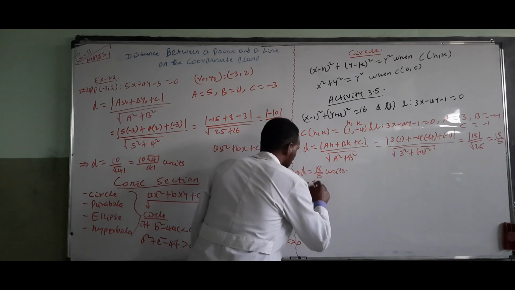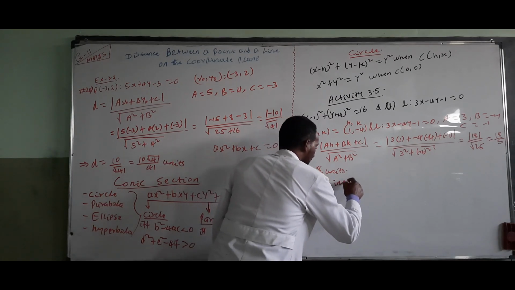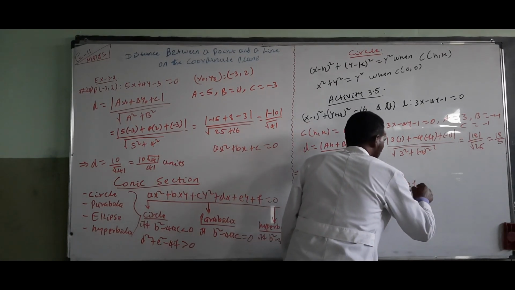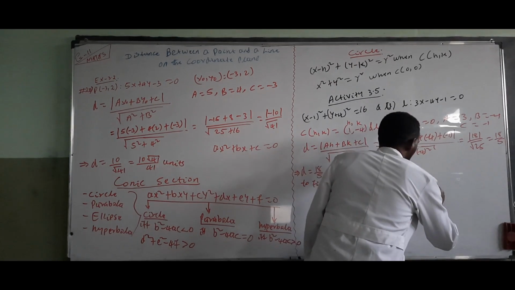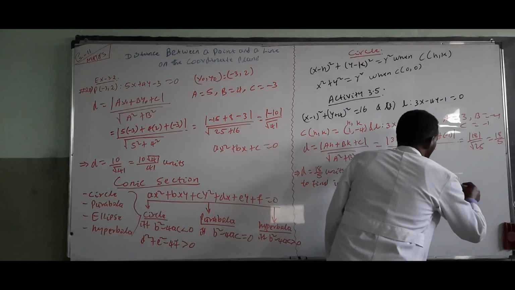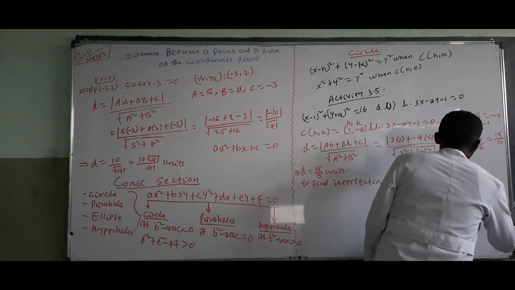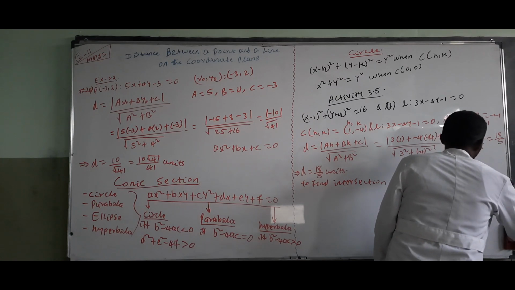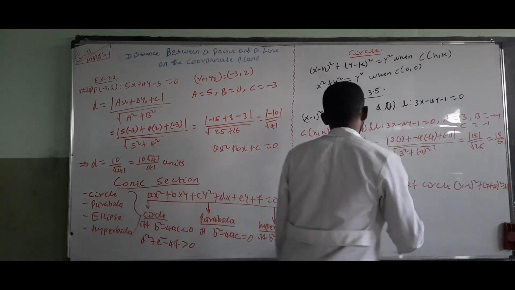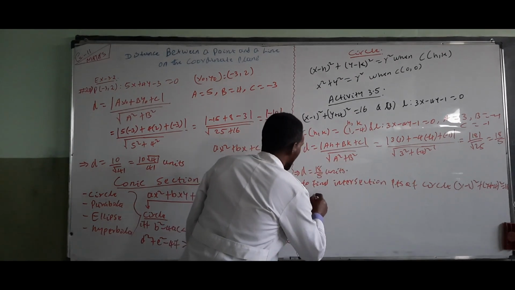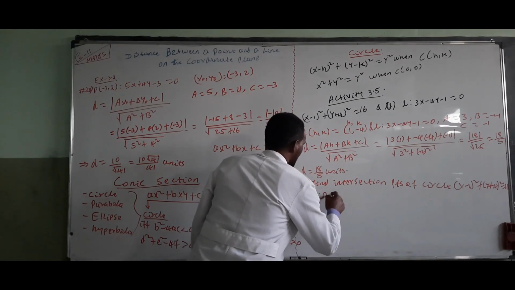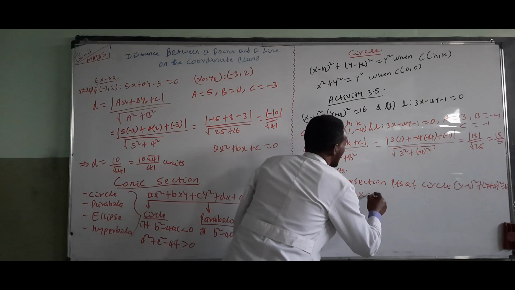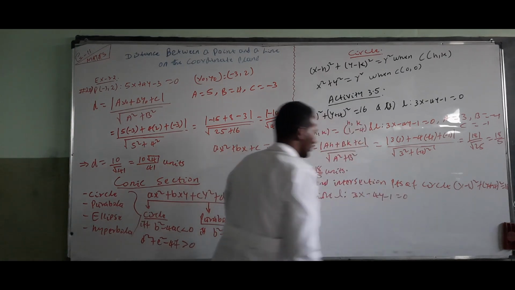To find intersection points of the circle (x minus 1) whole square plus (y plus 4) whole square is equal to 60 and line L, that is 3x minus 4y minus 1 is equal to 0.